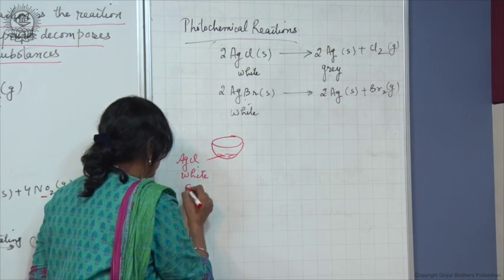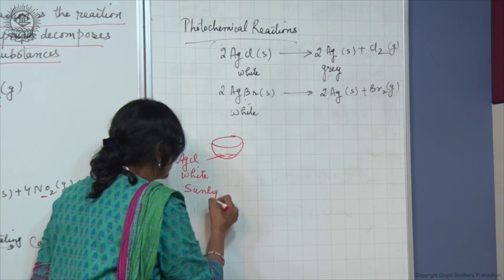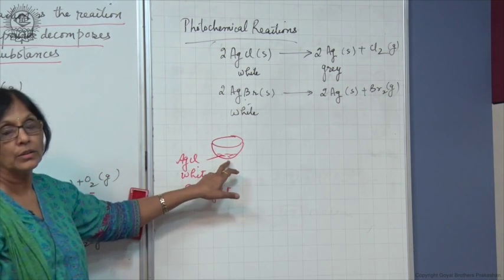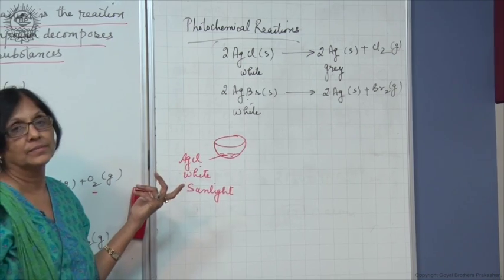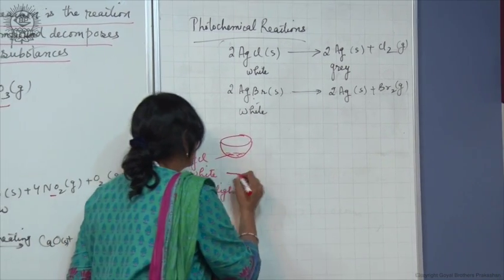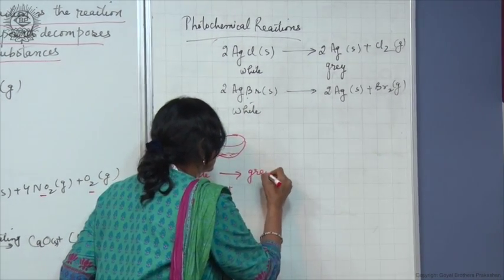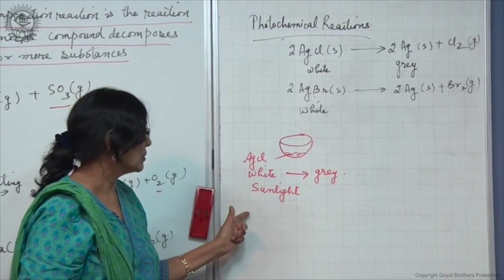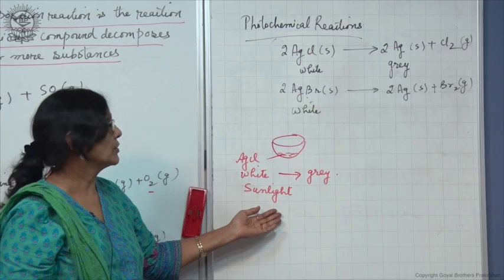After some time, it is found that this salt has changed color. It has turned into grey color. A reaction has occurred. Energy is absorbed in the form of sunlight.